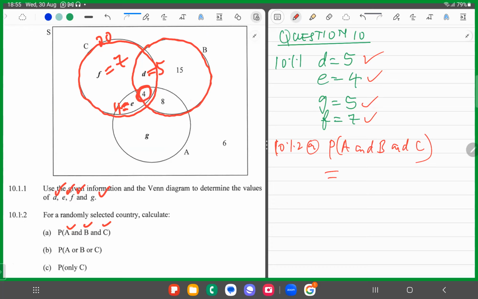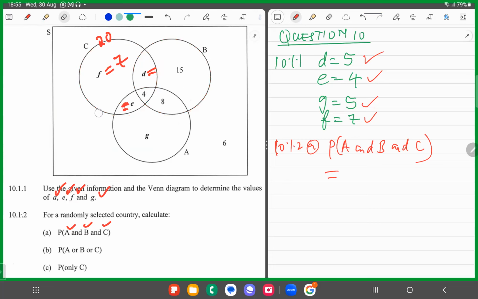You're looking at everything where they all meet. Where do these events all meet? We can see that they all meet here at 4.